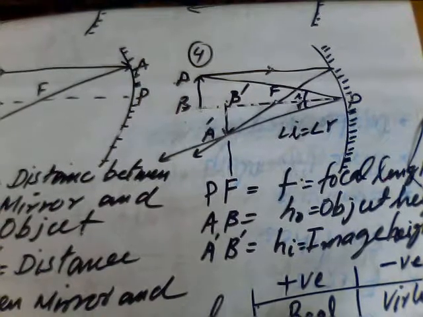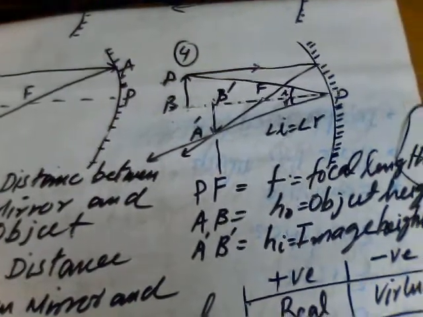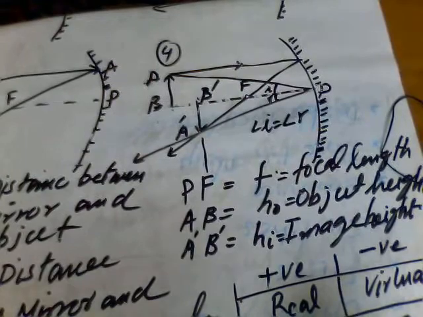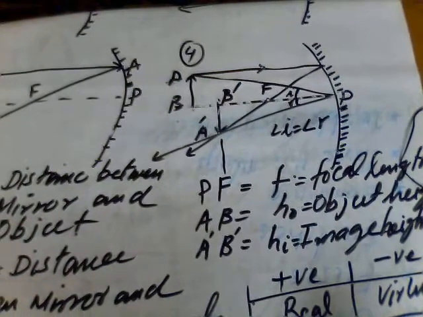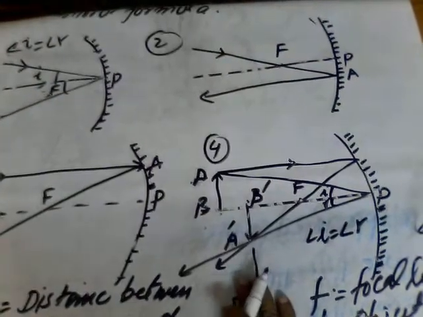It is notable that whenever the image is inverted, it will be a real image. That is the nature of the image. We are going to learn two things: location and the nature of the image. How do we find the location?